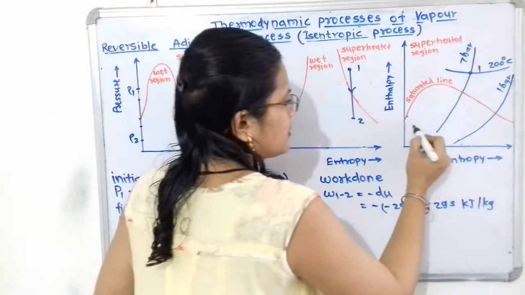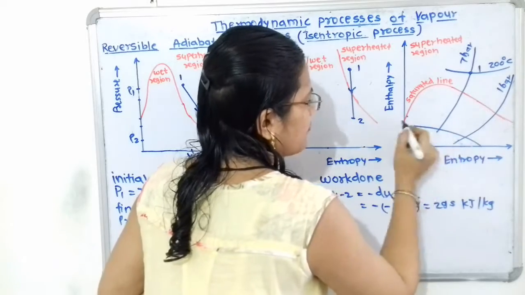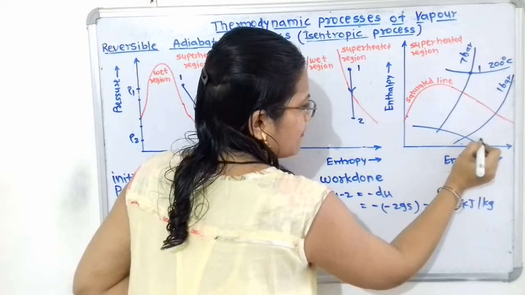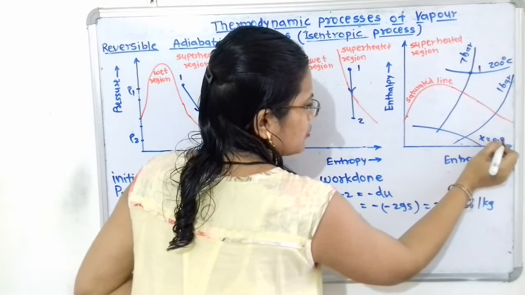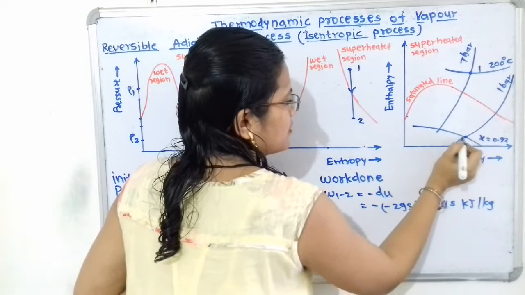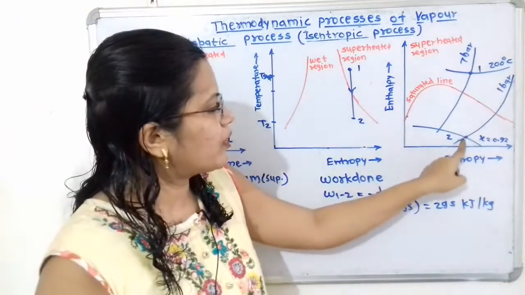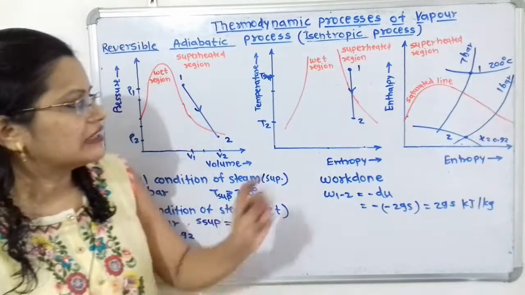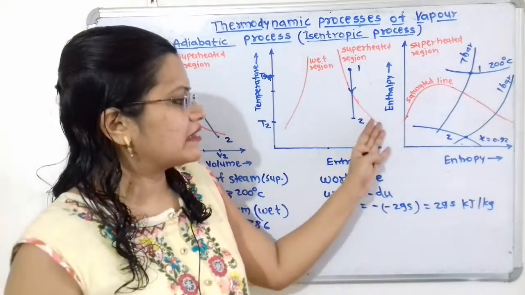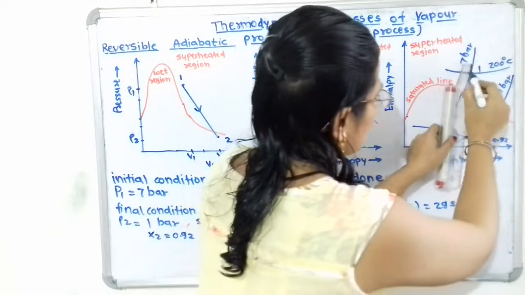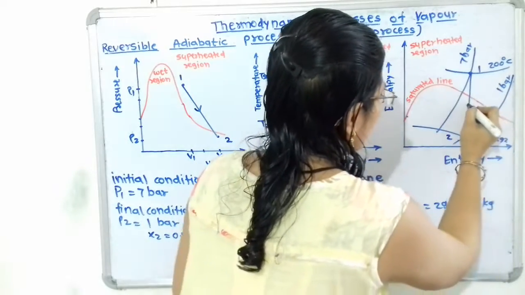At the bottom here are some inclined lines for the dryness fraction; I will say that here is the x equal to 0.92 line, and this point of intersection will be point 2. In this way, point 1 and point 2 are selected on the Mollier diagram, or we can say the enthalpy-entropy diagram. Now we will show this process 1 to 2. We will show an arrow also.